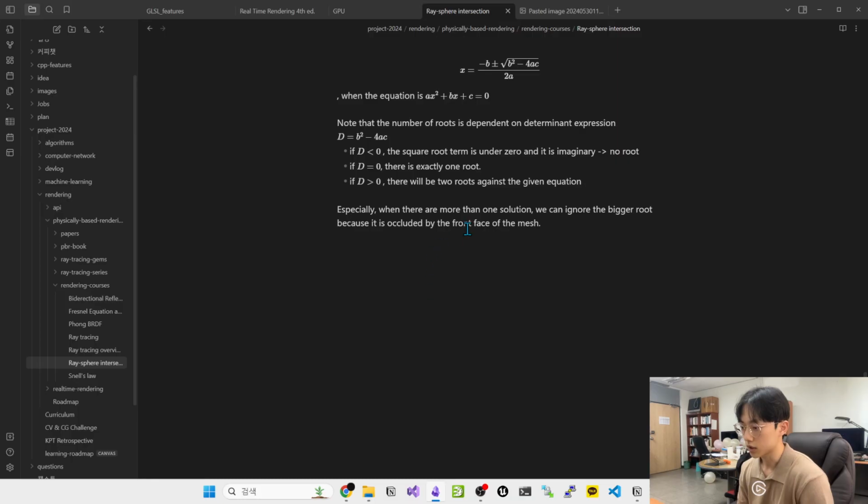Especially when there are more than one solution, we can ignore the bigger root because it is occluded by the front face of the mesh, which we can see because of the back face of the mesh.